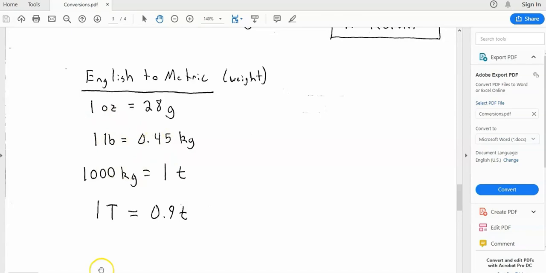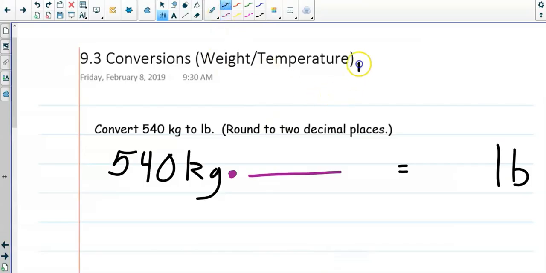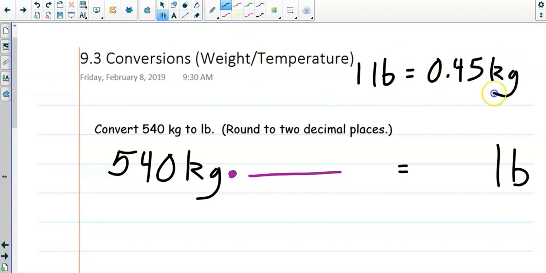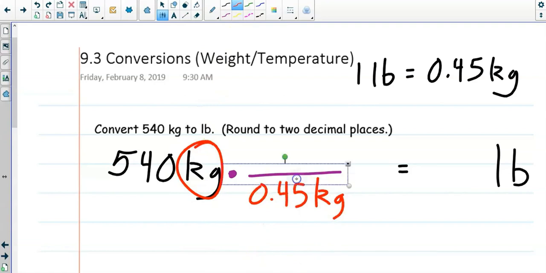That's what we use to make our fraction. We are getting rid of kilograms, so it goes on the bottom at 0.45. We want pounds, so it goes on the top with the 1.